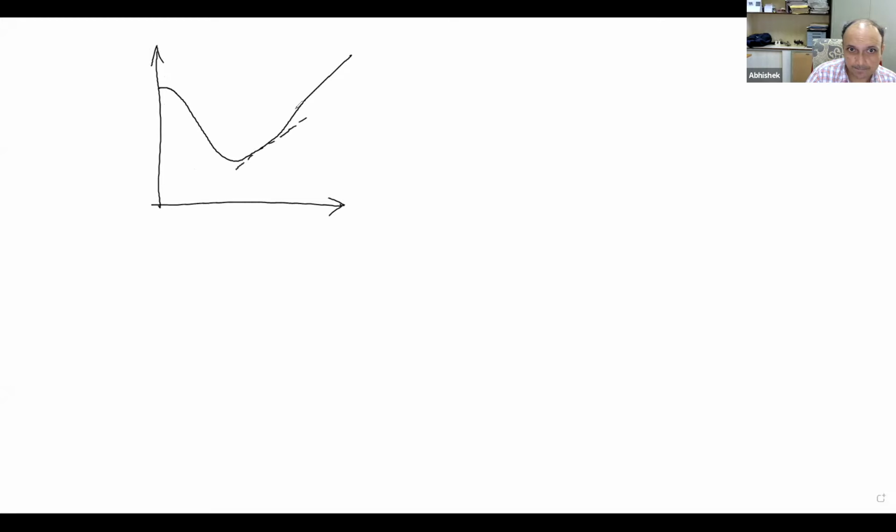So now our objective is to find out the point where I get minimum P by V. That is my objective.